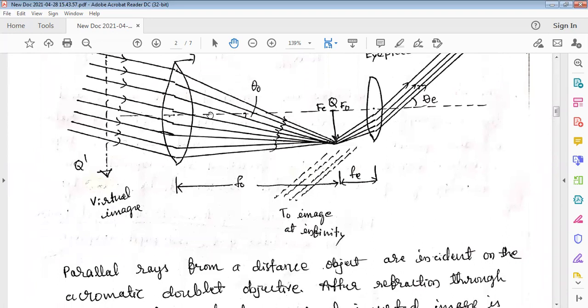Actually, this is the angle formed with the horizontal line by the rays which are refracted from the objective. They subtend an angle theta naught here. Similarly, the rays which are emerging from the eyepiece subtend an angle theta e with the horizontal.